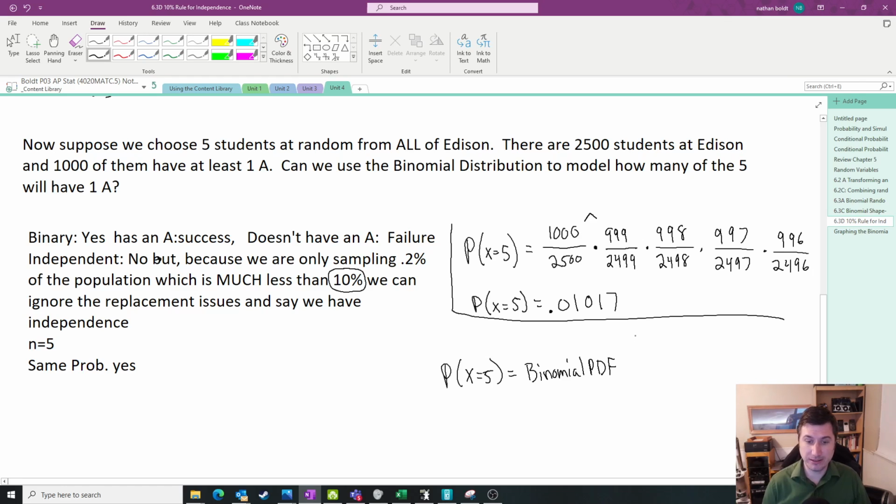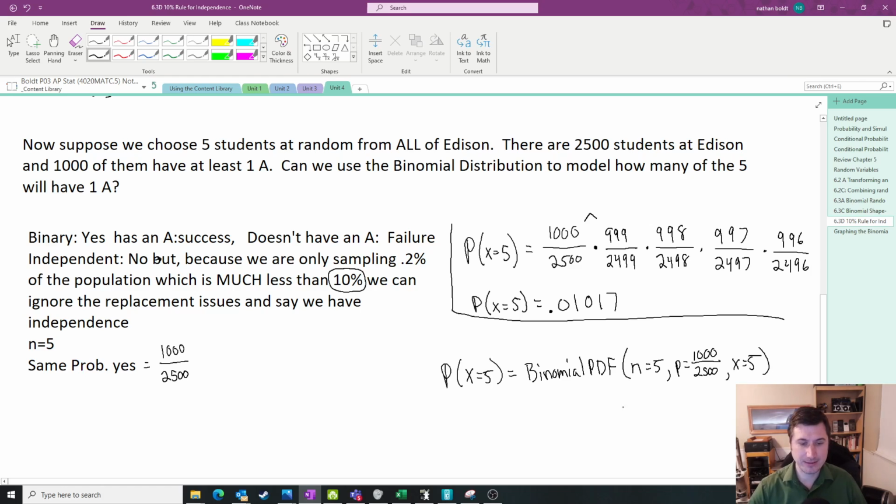What is the probability that x is exactly 5? So n is going to be equal to 5. And the probability is going to be equal to, oh, I didn't say that, the first one. We're just going to go with 1,000 out of 2,500. All right, we're just going to stick with that single probability. And I want x equals to 5.